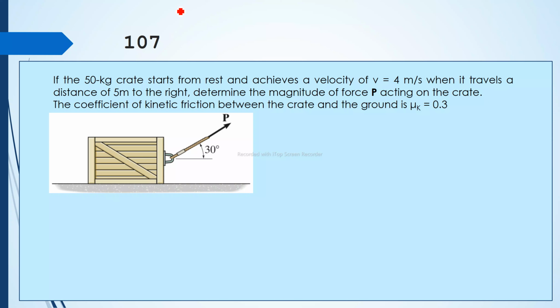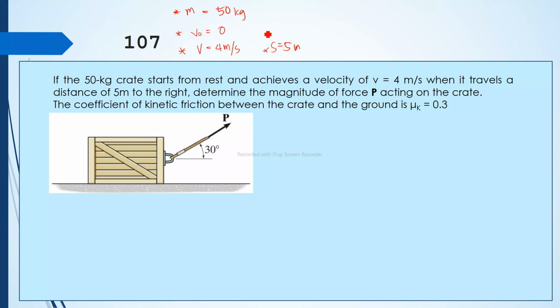Now let's write our given. We have a mass equal to 50 kilograms. It starts from rest and achieves a velocity of 4 meters per second when it travels a distance of 5 meters to the right, at s equal to 5 meters.